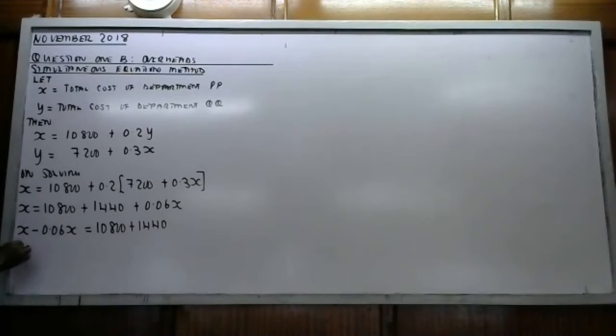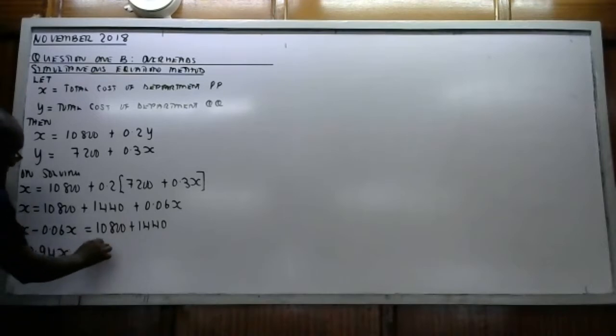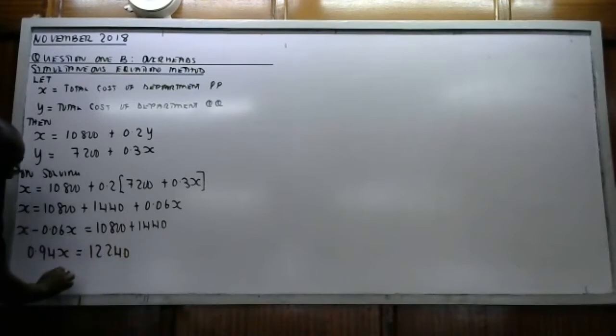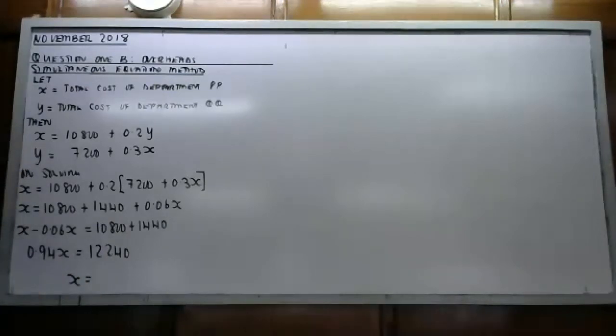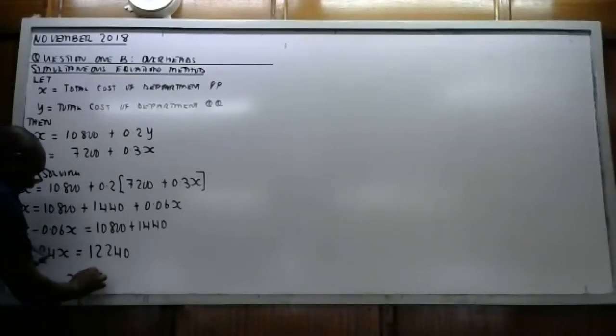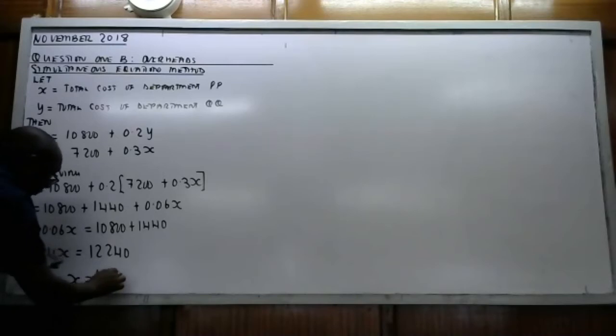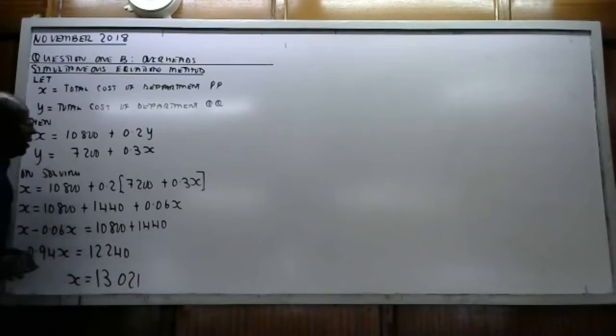So when you subtract, you are left with 0.94X being equal to 10,800 plus 1,440, which is 12,240. And based on that, if you divide by 0.94, you get 13,021.